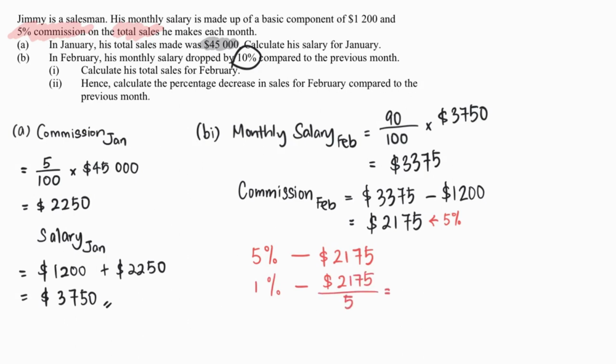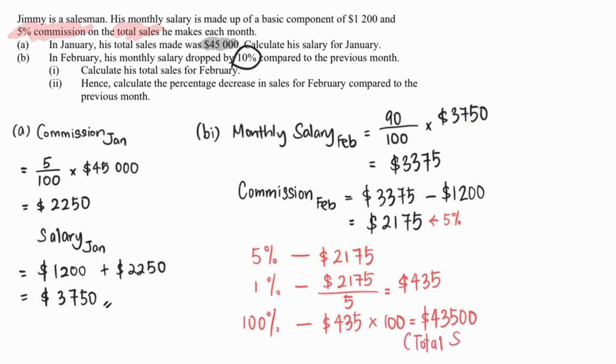This will give me a value of $435, and therefore 100% would be this, and this will be my total sales for February. B part 1 is done. Let's move on to B part 2.